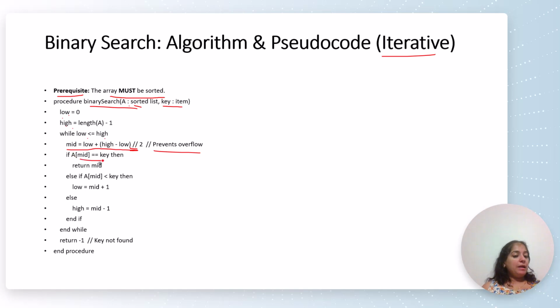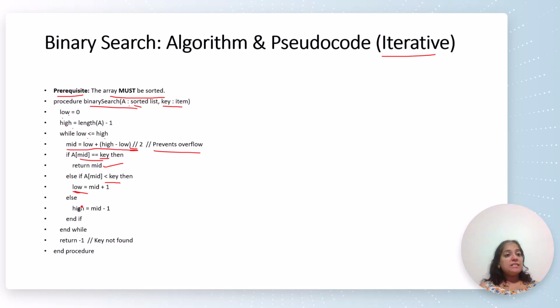If the element at the middle index is equal to key, that means the element is found, so we return the index. If the element at the middle index is less than the key, which means the element is present in the right half of the array, so we increase the low index.